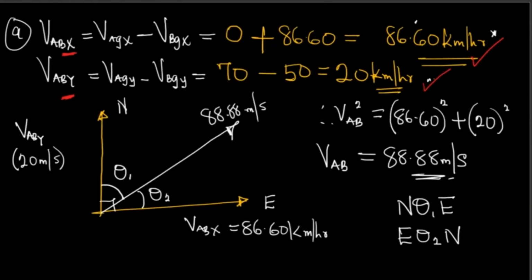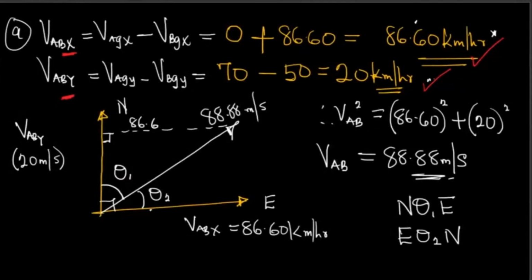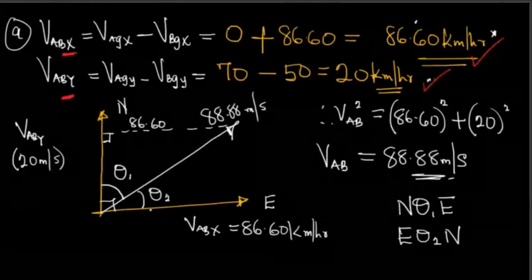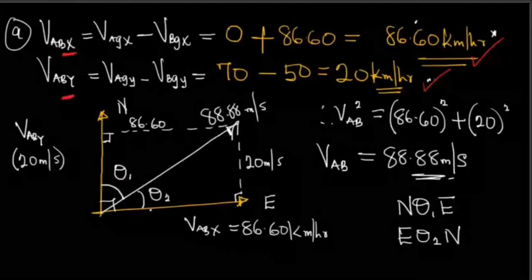If you want to use the one for theta 1, if you just close the right angle triangle here, you have your 90 degrees, and then this is 86.6. This will also be 86.6 because of the parallel line. And with this one, because this is 20, if you want to consider this right angle triangle, if you close it here, this will also be what? 20 meters per second, because of the parallel lines.